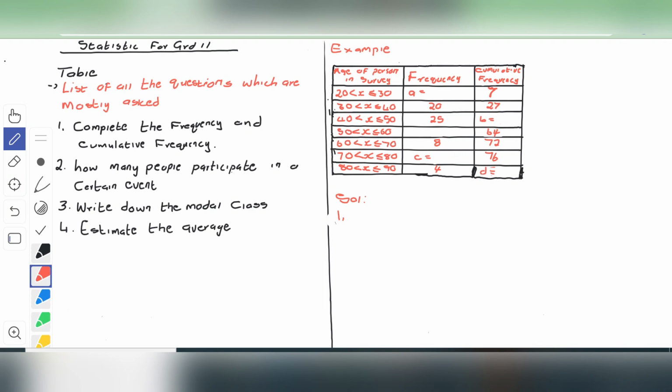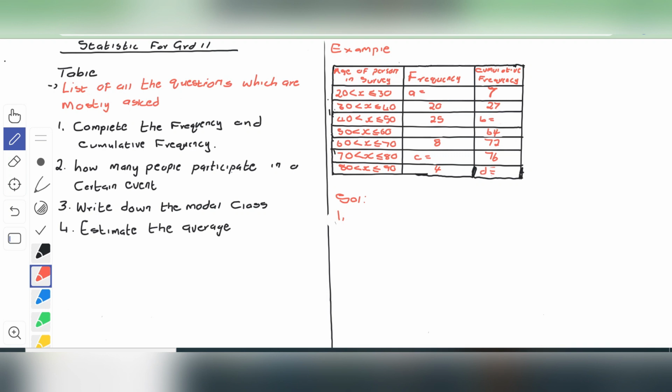Remember, the only way we can find A is from the number which is the first in the cumulative frequency, whereby we can see that it's 7. We know that we took it the way it is from the frequency.